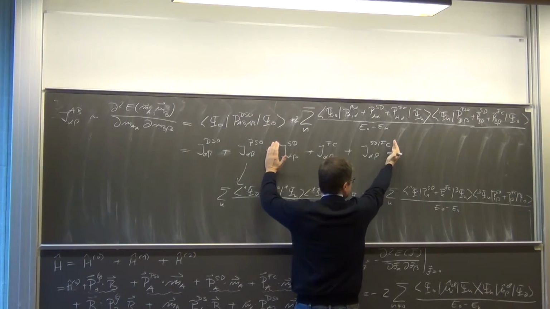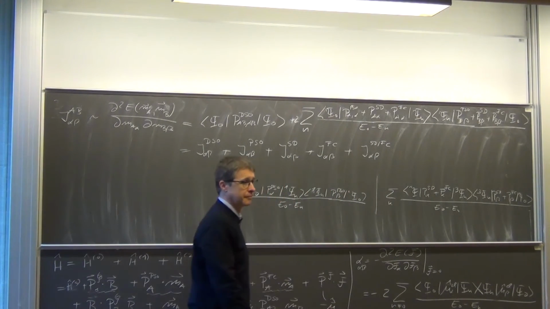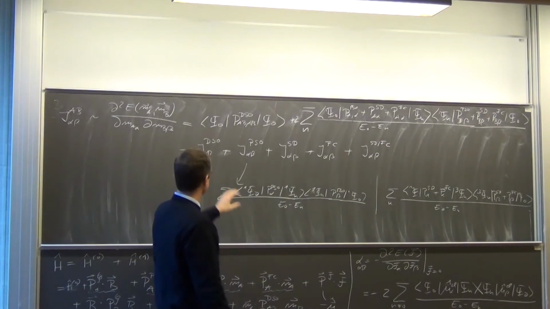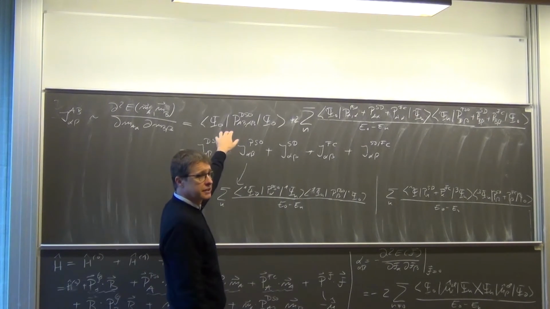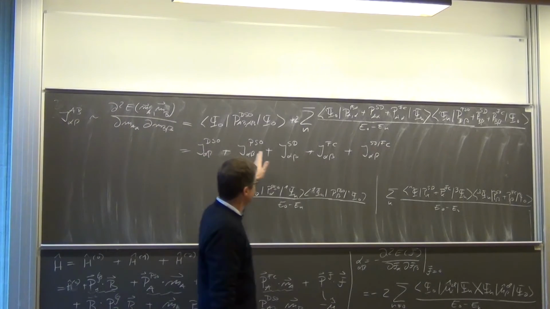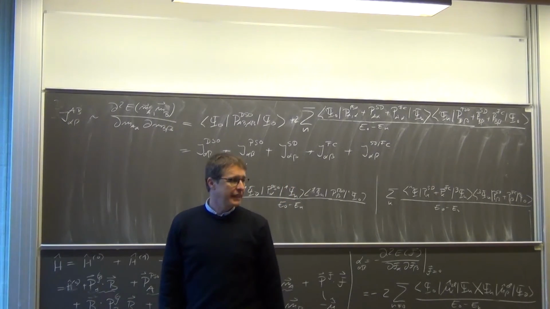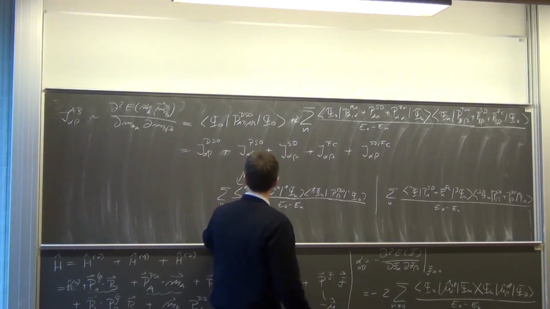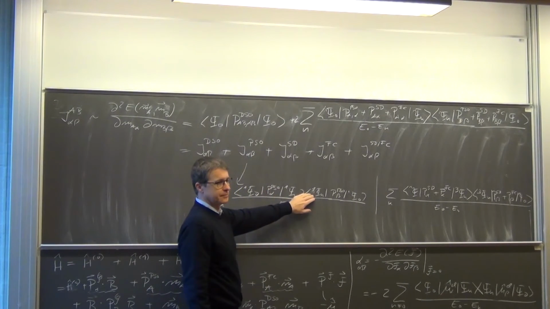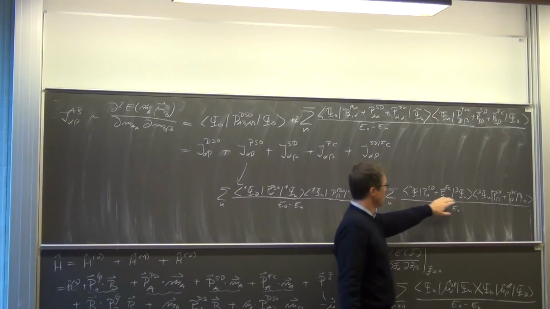But in a way you could treat those 3 together. So there are at least 3 contributions. There's the diamagnetic, because that's a ground state expectation value, and you have 2 sum over states expressions, one where you sum over singlet states, and one where you sum over triplet states.